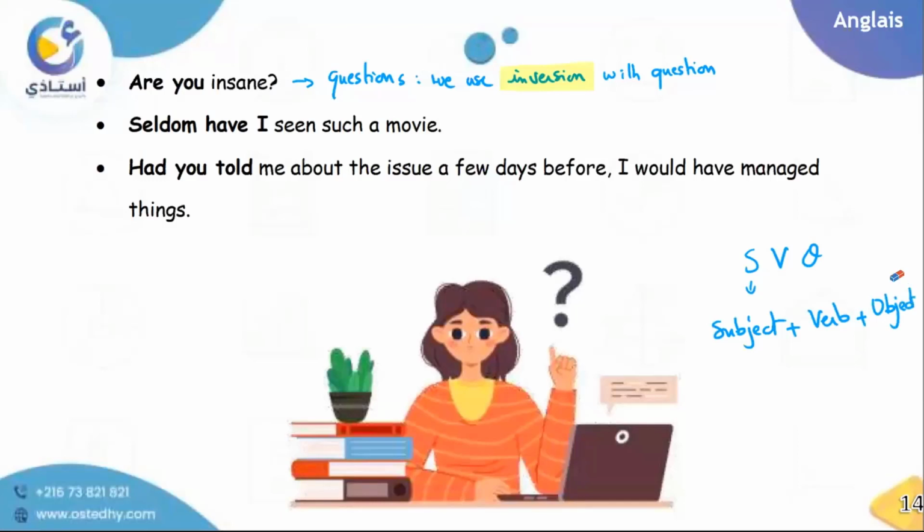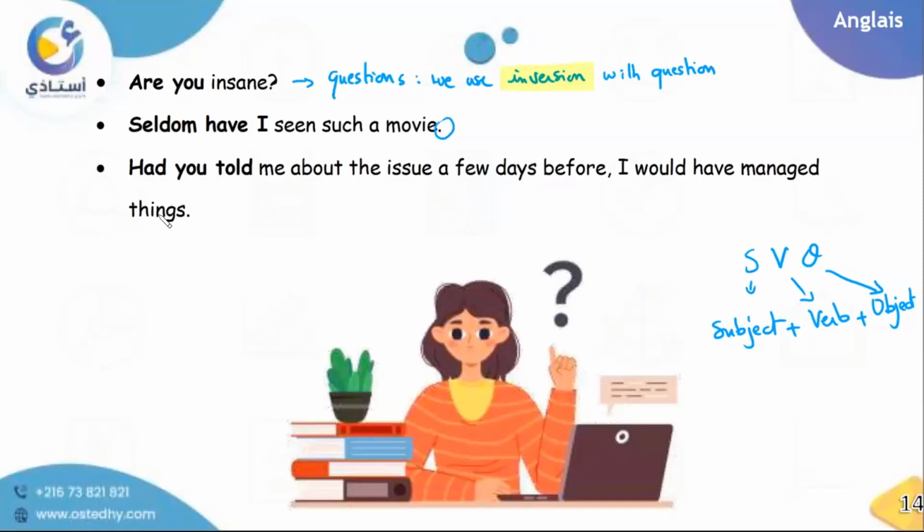But here, if you see, guys, instead of starting with a subject, we started with are, which is a verb or auxiliary. Here, same. Instead of saying I have, we said have I. Why? We don't have a question. I don't know. We will see together. And same here, had you.